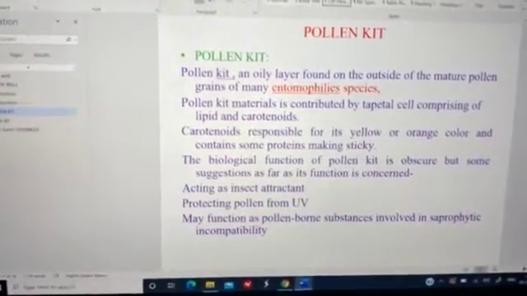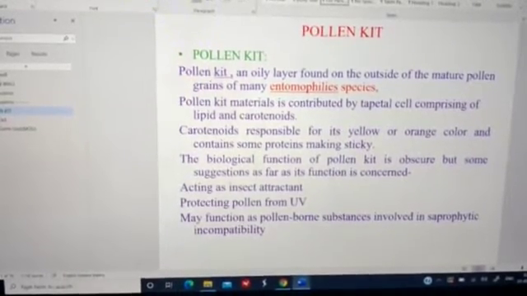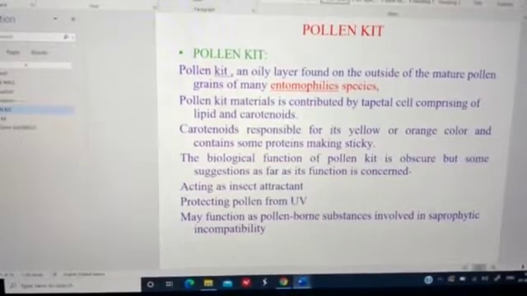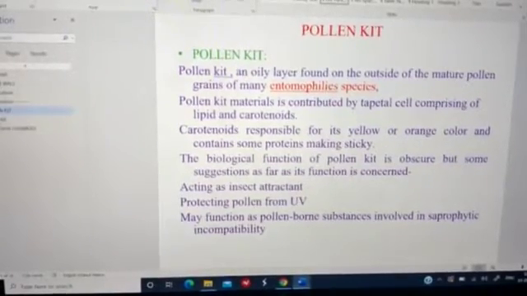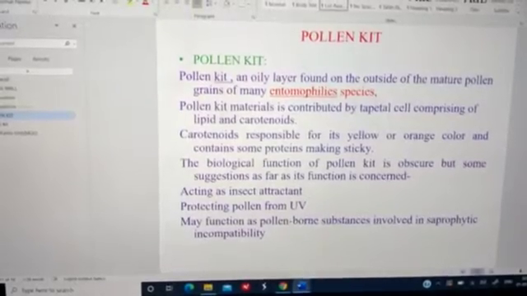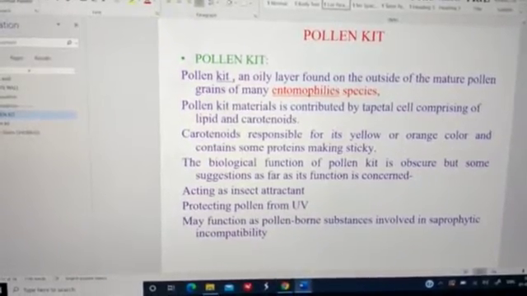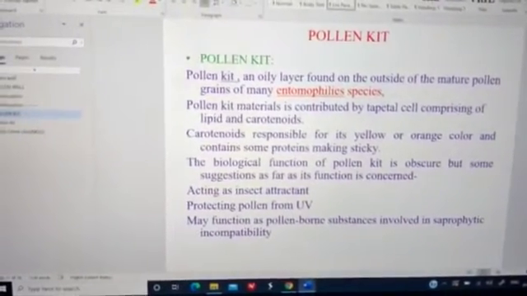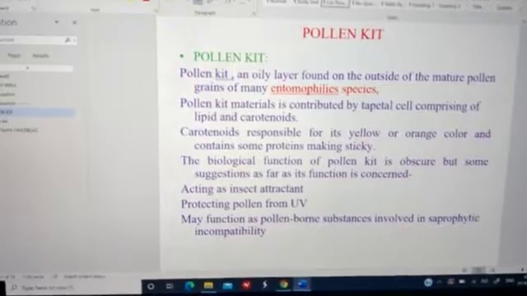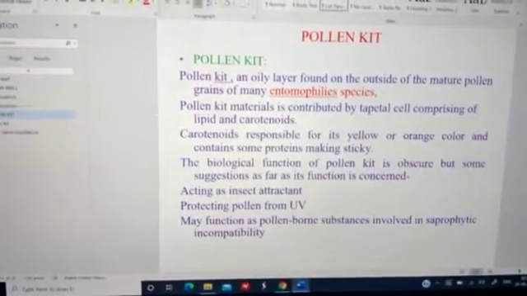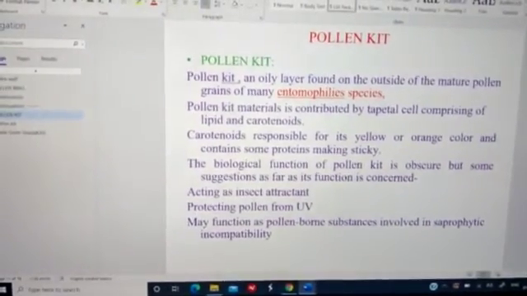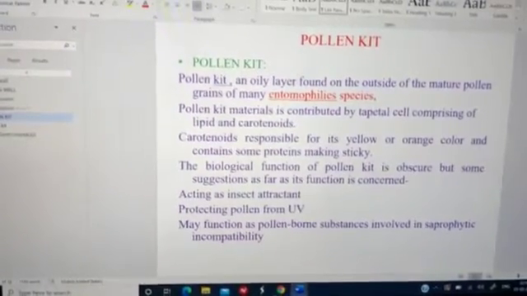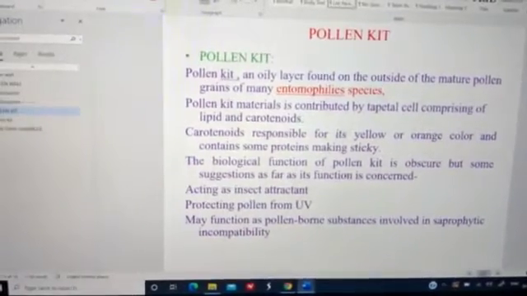The biological function of the pollen kit is obscure, but some suggestions are that it acts as an insect attractant and helps in attachment with insects. It may also protect the pollen from ultraviolet radiation, and many function as pollen-borne substances involved in sporophytic incompatibility. Then what is sporopollenin?